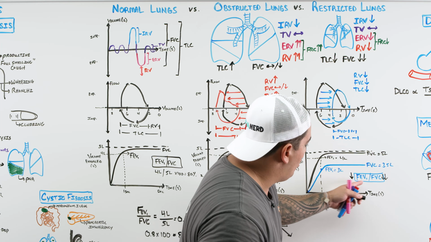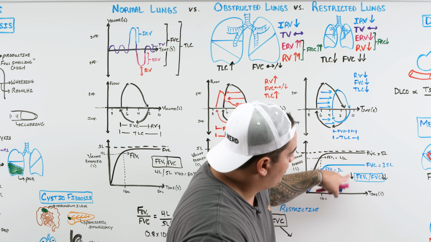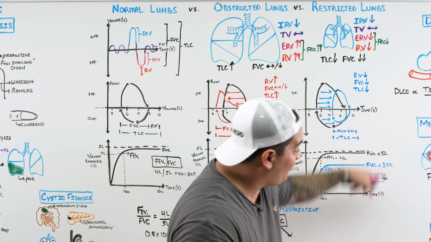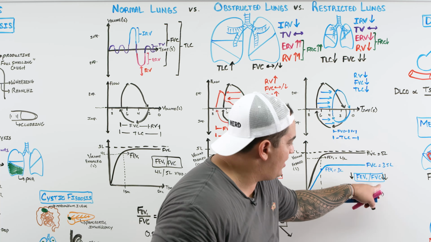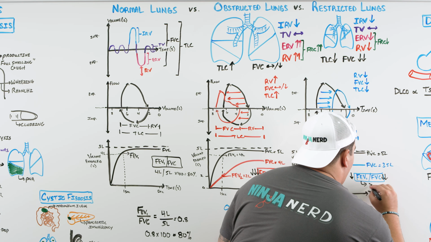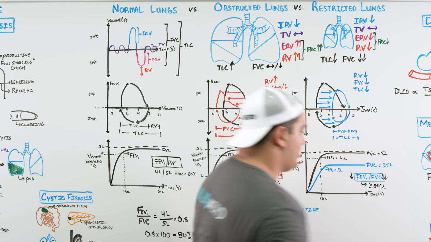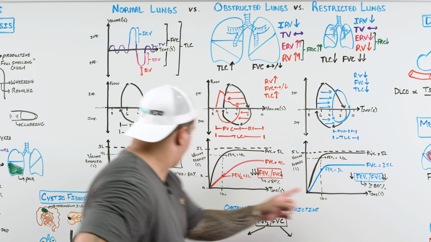So in that situation, what do I notice about my ratio? If my numerator is really small, but my denominator is even smaller, what happens to the overall number? It's going to be large because my denominator is really small. And so in this situation, theirs will be greater than or equal to 80%. So in patients who have normal lungs, what was theirs?